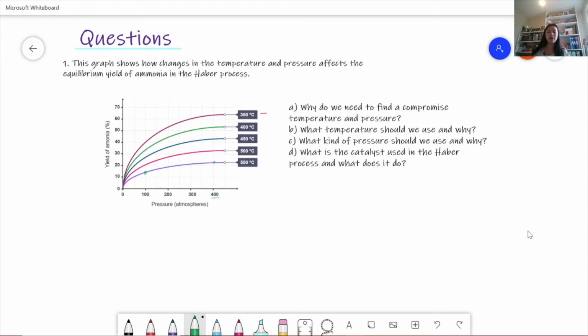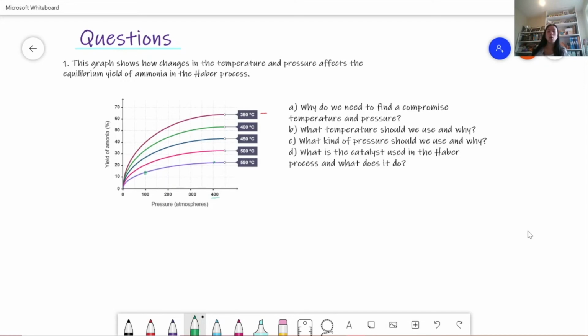So it's a lot of difference, but running at such high pressure is actually not very safe and also very expensive. So that's why we need to find a compromise of temperature and pressure so we can get a good amount of ammonia so the yield is quite good, but it won't cost too much.